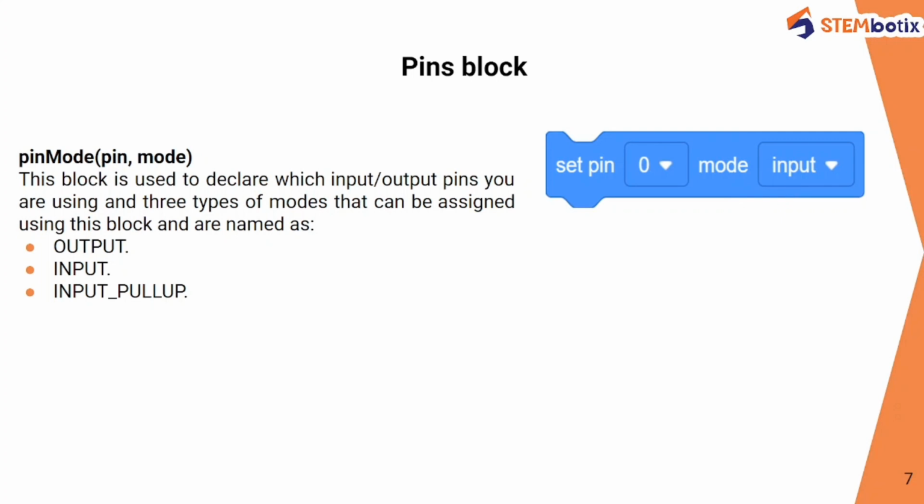This block is used to declare which input or output pins you are using, and three types of mode can be assigned using this block, named output, input, and input pull. As an output, we take the example of an LED, so the LED is basically an output device for a microcontroller unit.